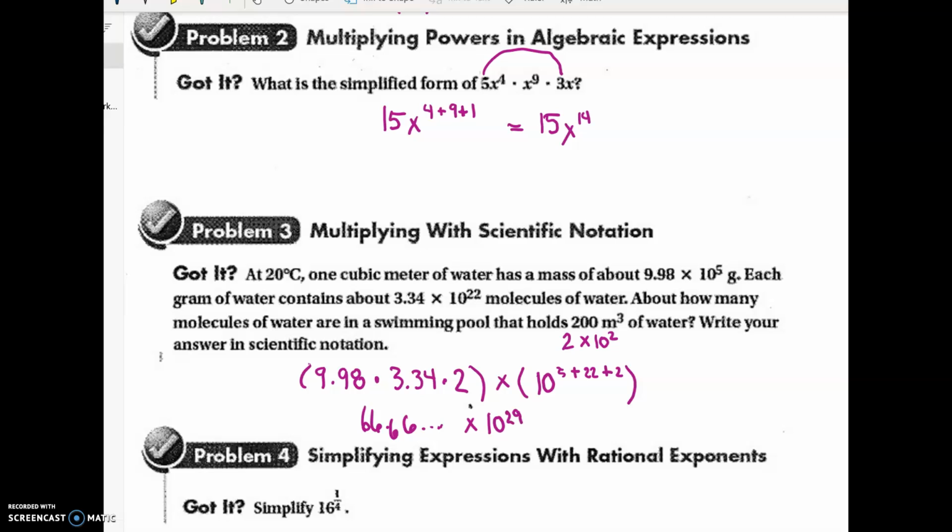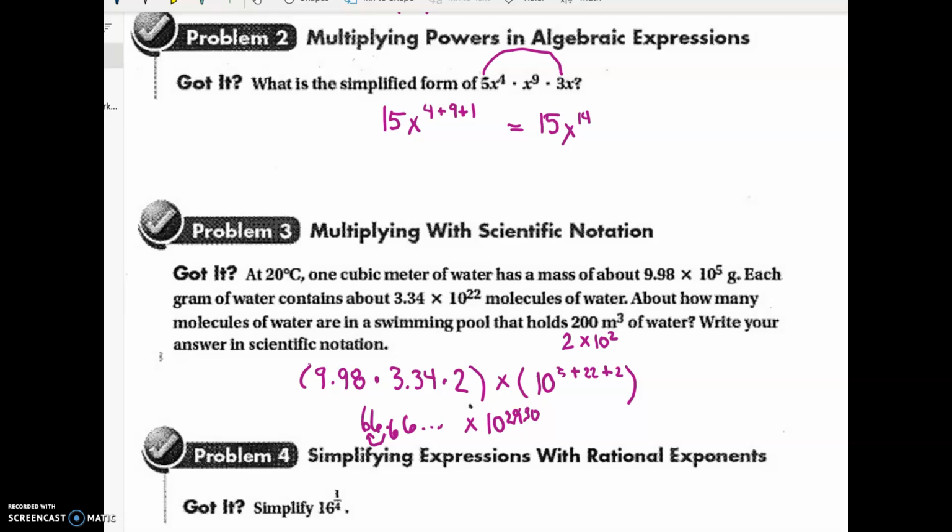But that technically is not in scientific notation because 66 here is not a number between 1 and 10. In scientific notation, we talked about how that first value always has to be between 1 and 10. So I've got to move this decimal point over 1 place, which means I would have to change my 29 to a 30.